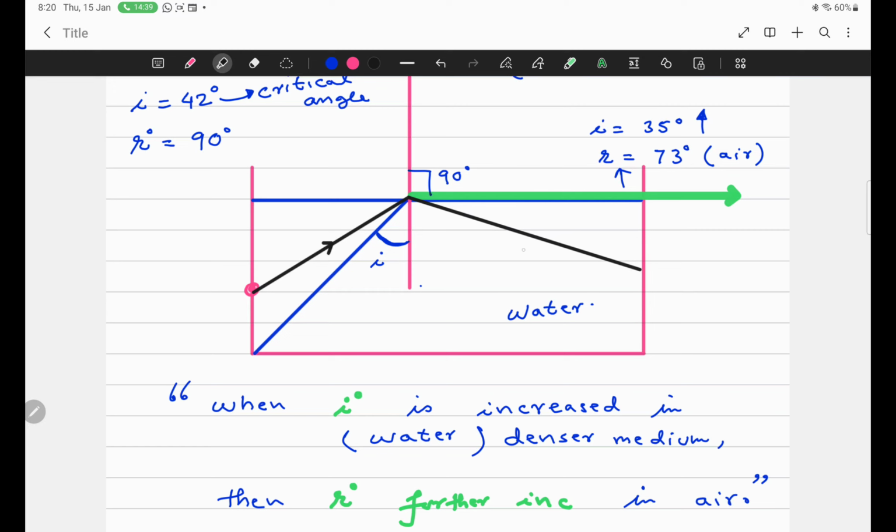You can see this black ray inside the water is exhibiting total internal reflection, which I write as TIR, for total internal reflection.